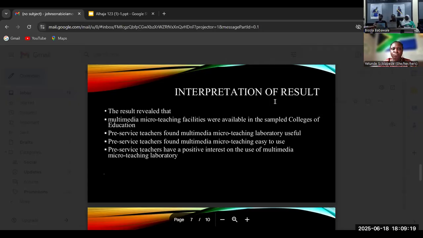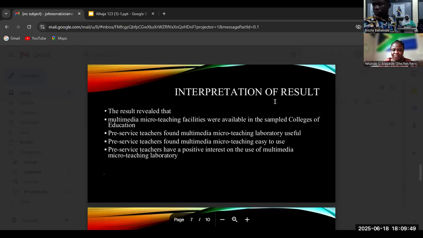So this study concluded that multimedia micro-teaching laboratories are valuable resources in teacher education. They contribute to the development of pedagogical skills, boost the confidence of pre-service teachers, foster active practice, address diverse learning needs, and prepare teachers to integrate technology into teaching. And on this note, there are some things recommended.